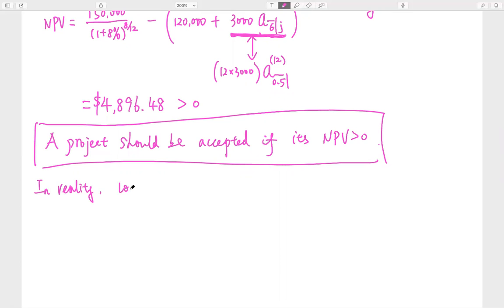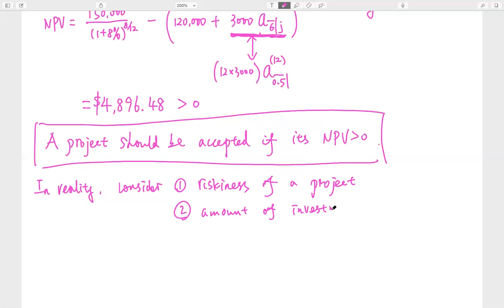You should also consider the riskiness of a project, right? And the amount of investment. In particular, lump sum investment at time zero.